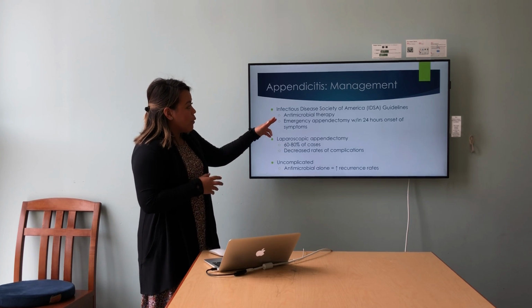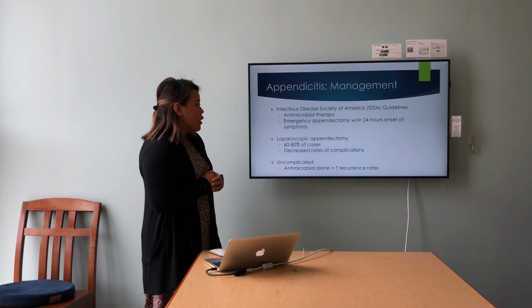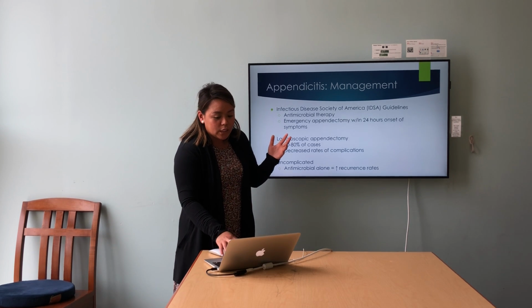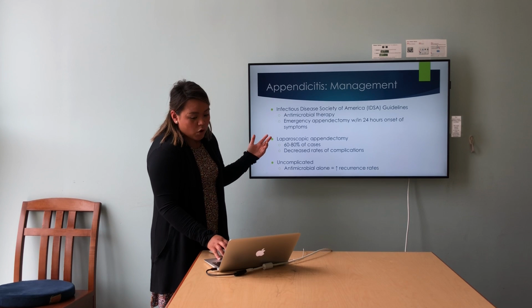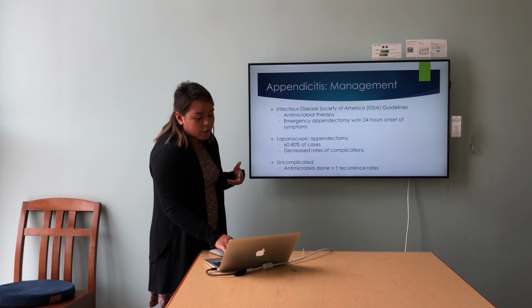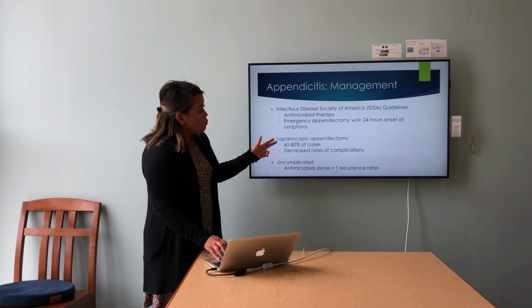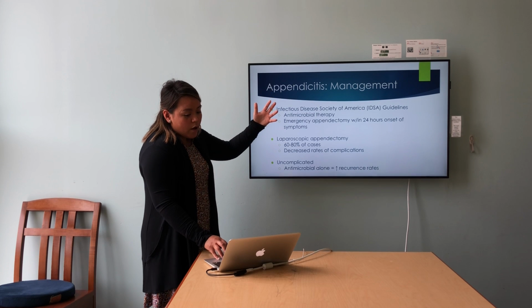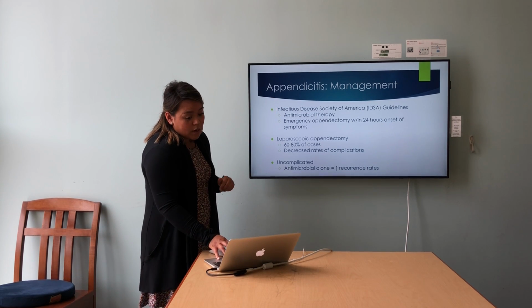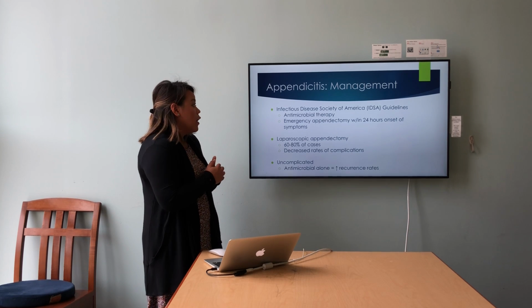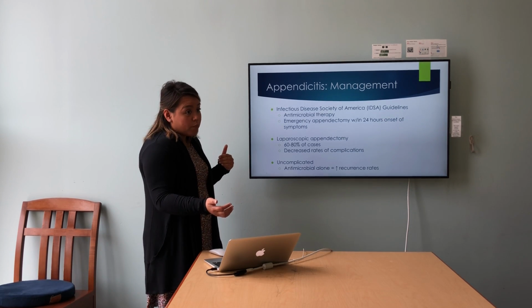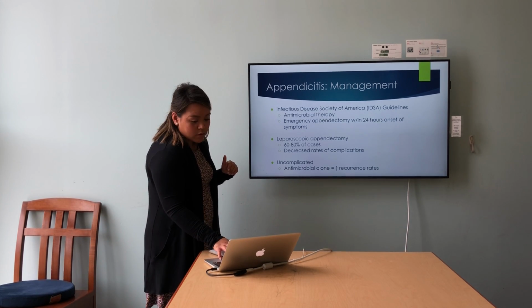You want to initiate IV antibiotics right away, and admit them to the ED to prevent peritonitis or perforation within the 24 hours of onset of symptoms. The risk of perforation can reach up to 36% after 36 hours of onset of symptoms. So the longer you wait, the higher the risk of complications of appendicitis.